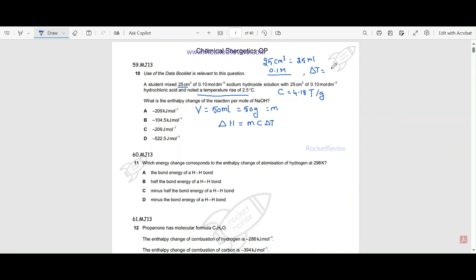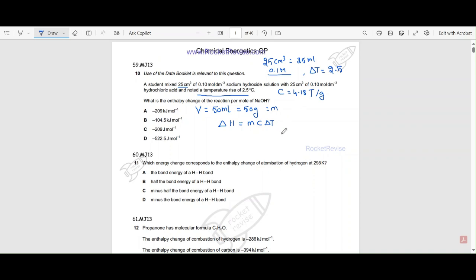So it is not necessary to convert the change in temperature into Kelvin, because whether in degree Celsius or Kelvin, both have the same value when we are considering the change in temperature. That is why take it as 2.5 itself.